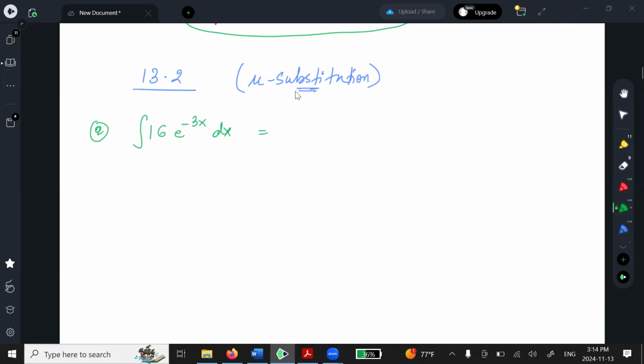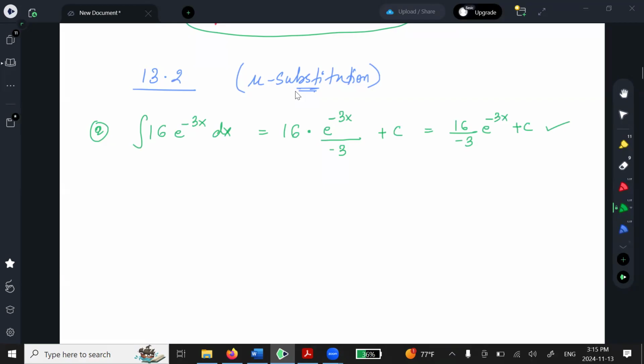What is the formula? Well, you leave the constant as it is. You divide by the coefficient that is multiplied, right? So I got 16 over -3 e to the power -3x plus c. So use the shortcut formula. We do not want to involve u substitution here.